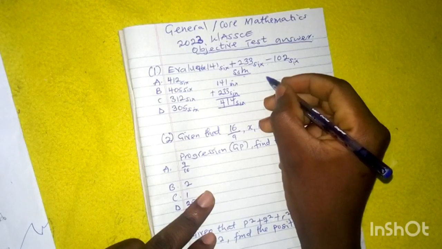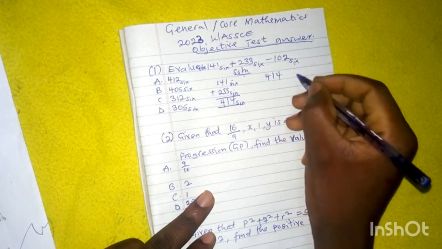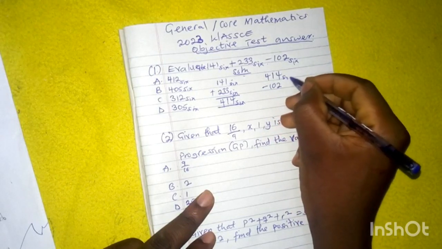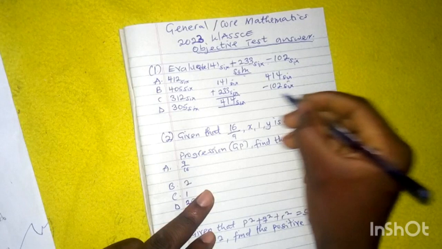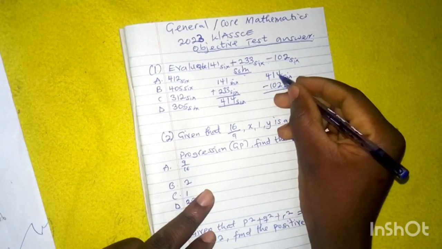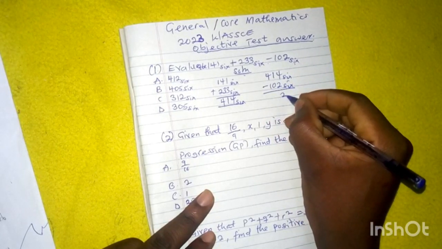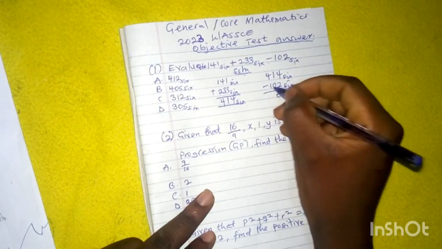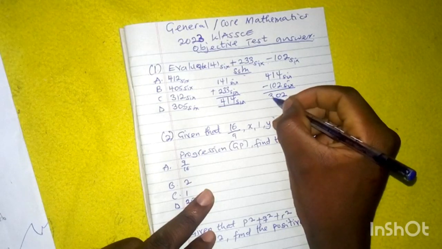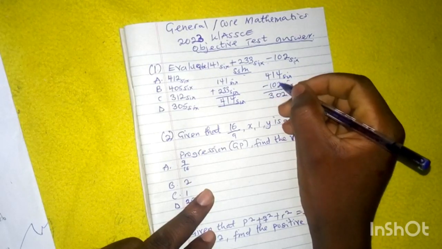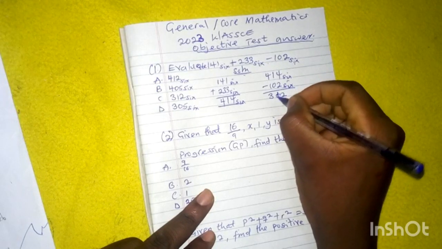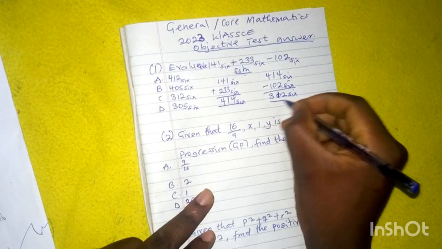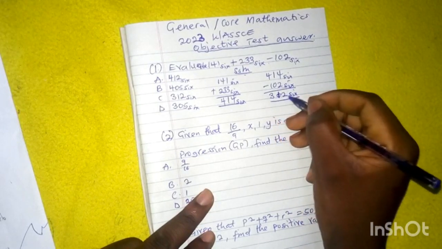So now it will be 414 minus 102, all in base 6, like this. 4 minus 2 will give us 2. 1 minus 0 is 1. 4 minus 1 will give us 3. So our final answer is 312 base 6.